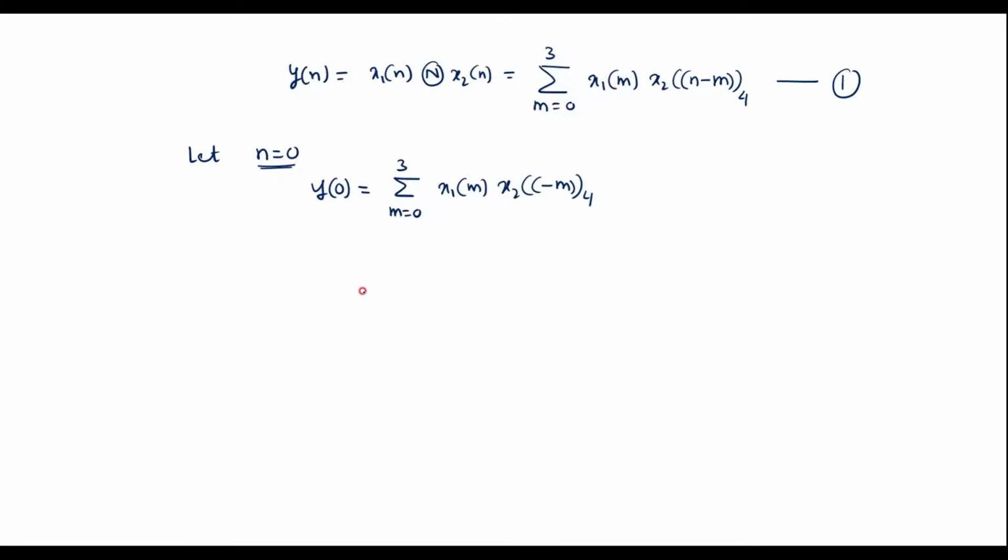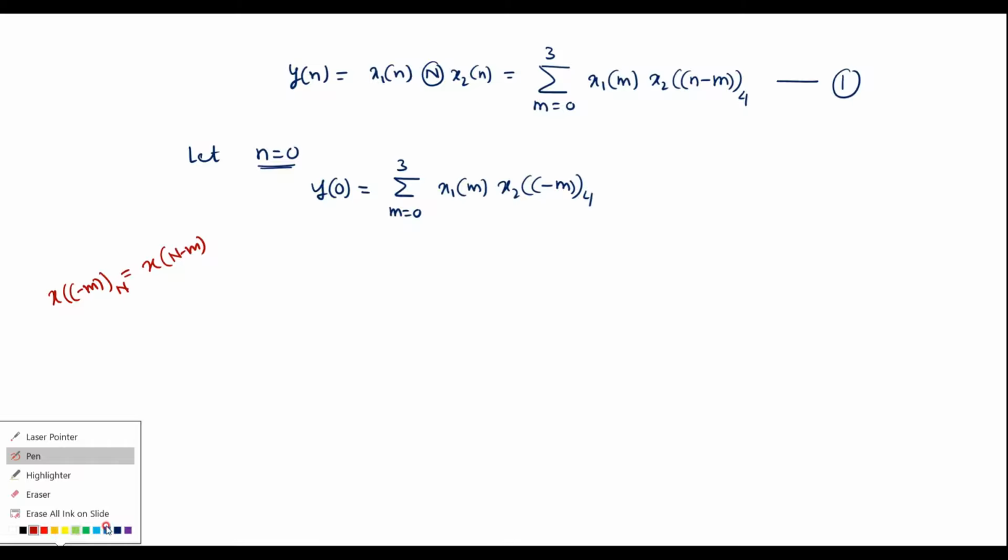Now let me simplify this. We know that x of (minus m) modulo N can be represented as x of N minus m.